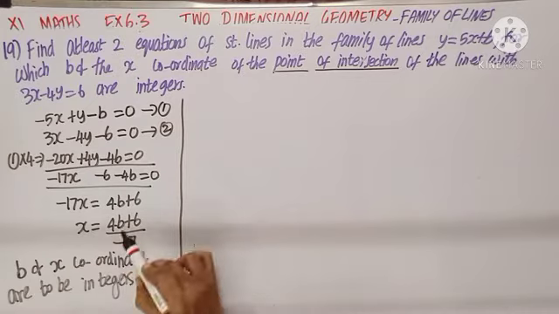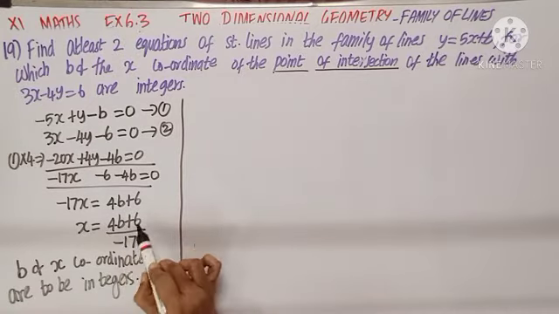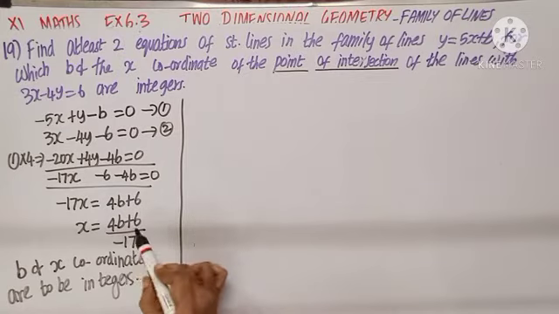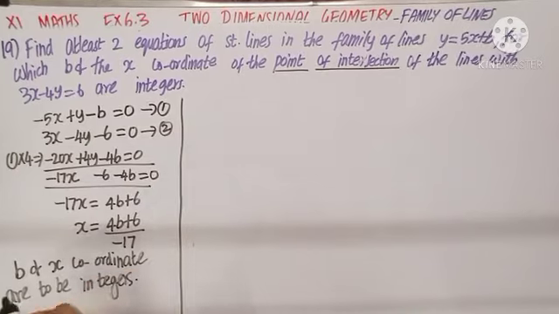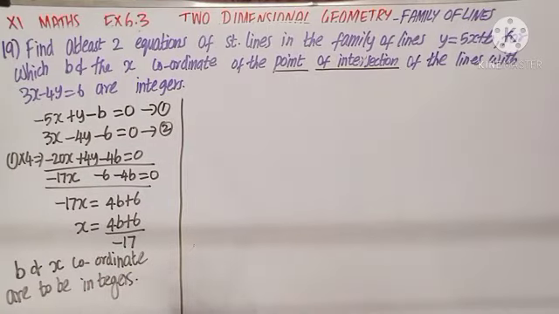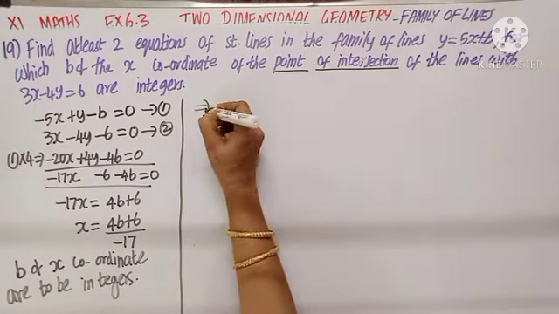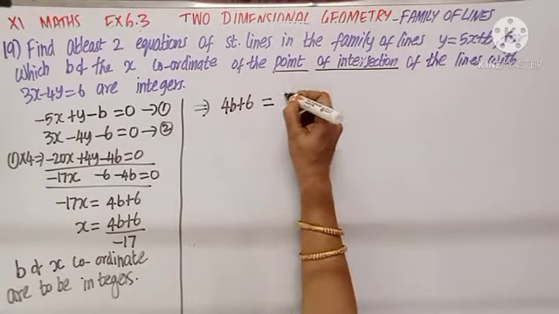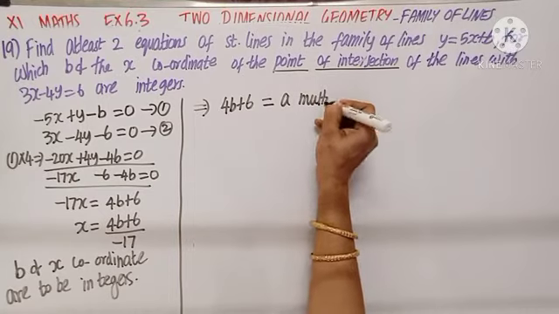If this needs to be an integer, the numerator 4b plus 6 should be a multiple of 17, so that I can cancel 17 and get x as an integer. So b and x coordinate to be integers implies 4b plus 6 should be a multiple of 17.